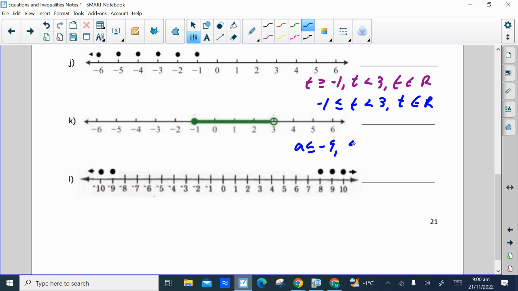So A is what? Greater than or equal to, because this first dot is closed in, +8. And now we will say that A is an element of I for integers because it's dots. Okay?